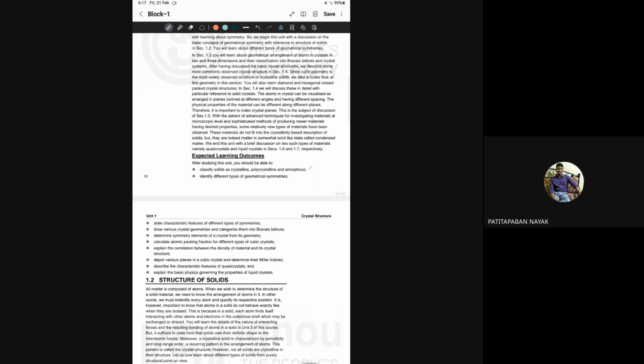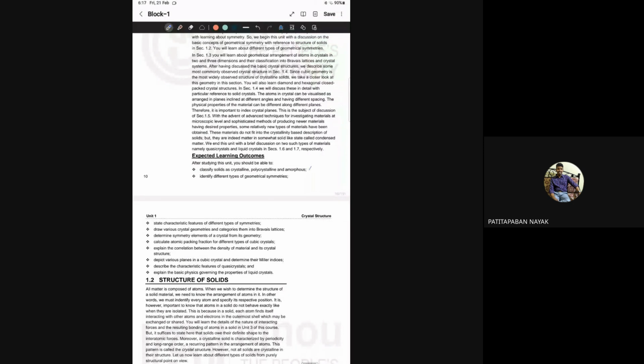Then determine symmetry elements of a crystal from a geometry. Then calculate the atomic packing fraction, because the whole solid is not full of material, but there will be some empty spaces. So that will determine the packing fraction, and explain the correlation between density of material and crystal structure. So which material is dense and why? And also we'll try to understand the cubic crystal and determine their Miller indices.